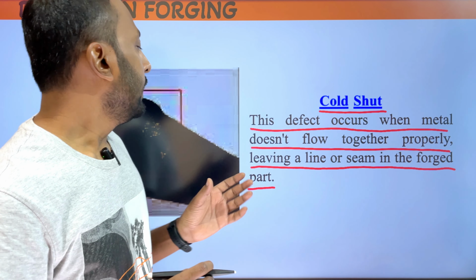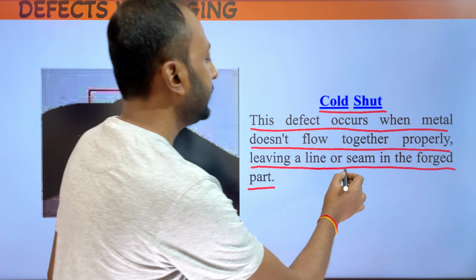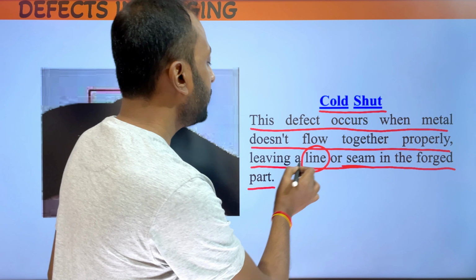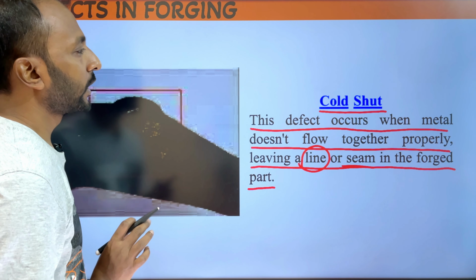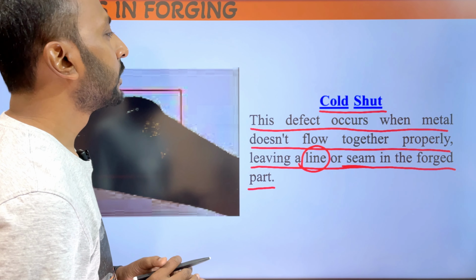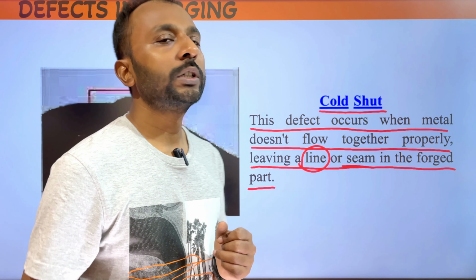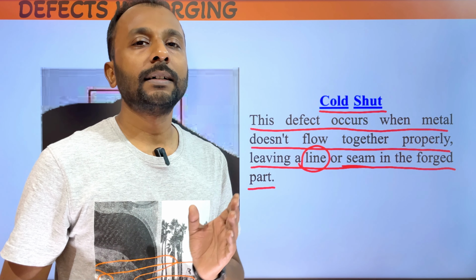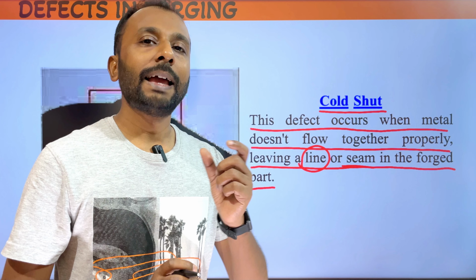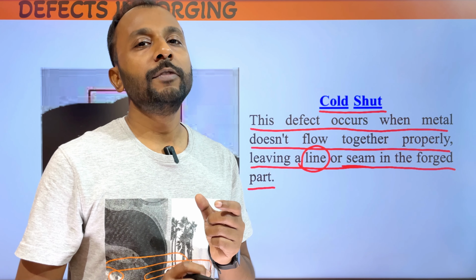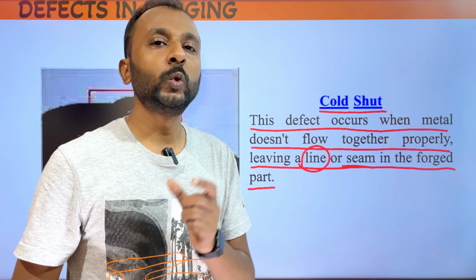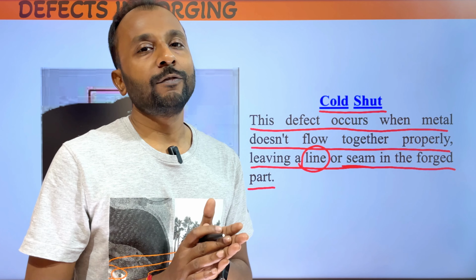For this reason, one seam or line can be seen on the final product. This is called cold shut. To get rid of cold shut, we have to heat the raw metal to a proper elevated temperature and apply appropriate force.